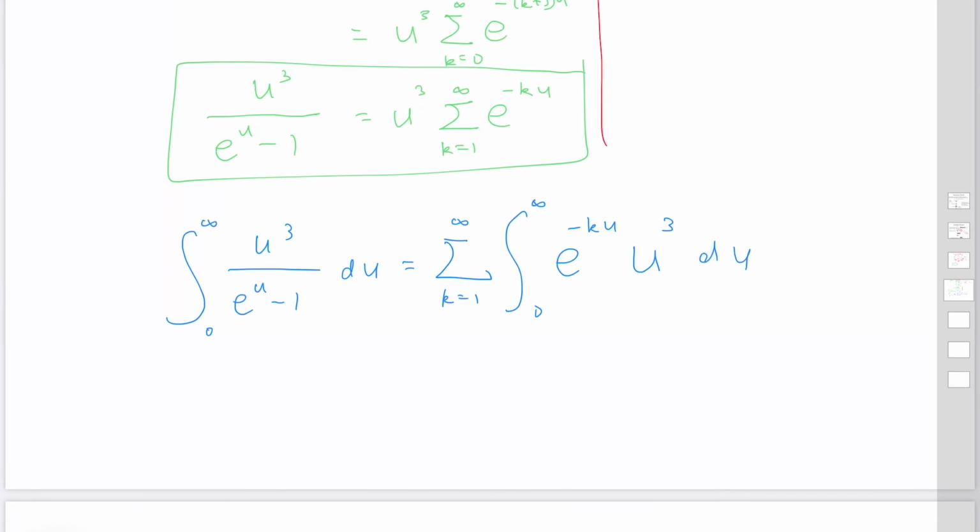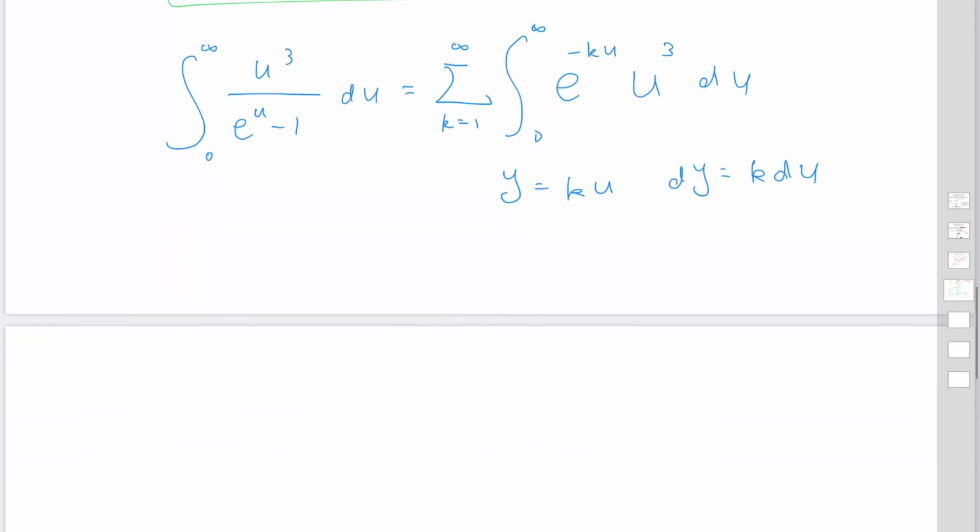Now change the variable: y equals ku. So dy equals k du. We change the variable from u to y.